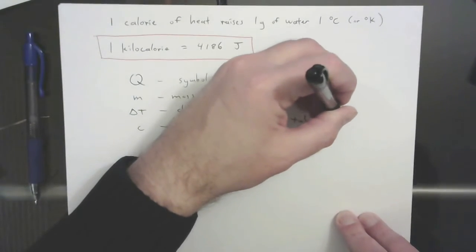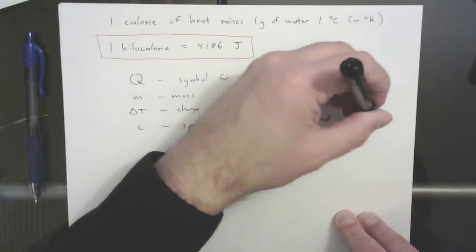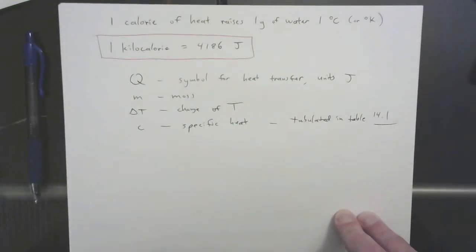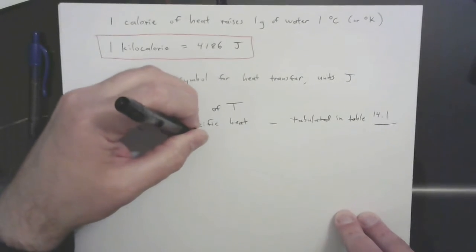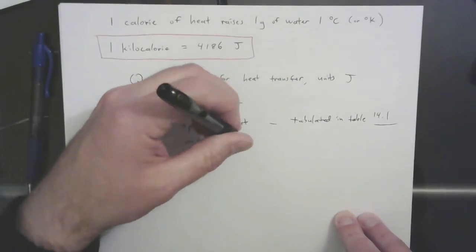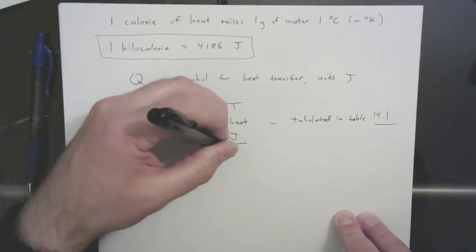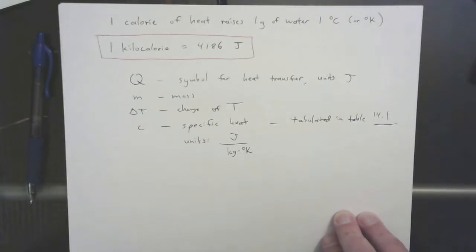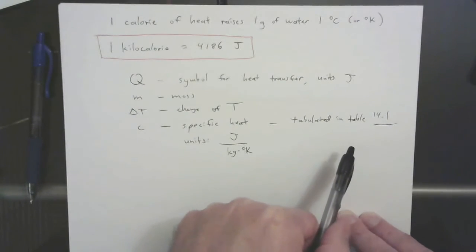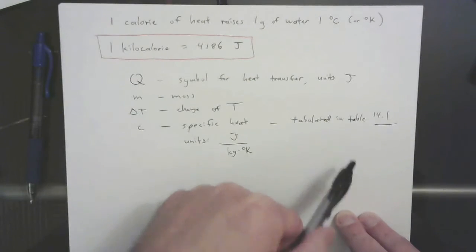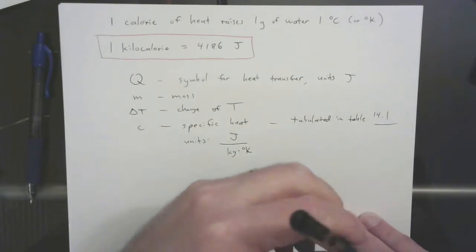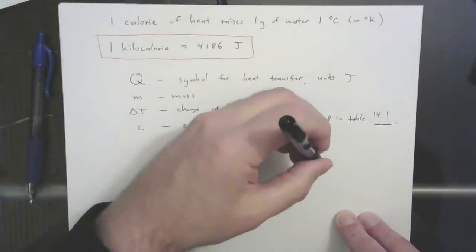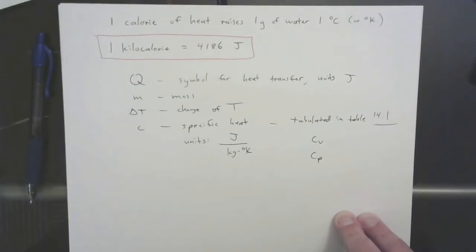And it's tabulated in table 14.1 in that table there. The units are going to be joules per kilogram dot degree Kelvin or degree Celsius, either one. Now, if you look in this table, at the top they've got solids and liquids, and then at the bottom they've got gases, and they've got two different symbols for the gases.